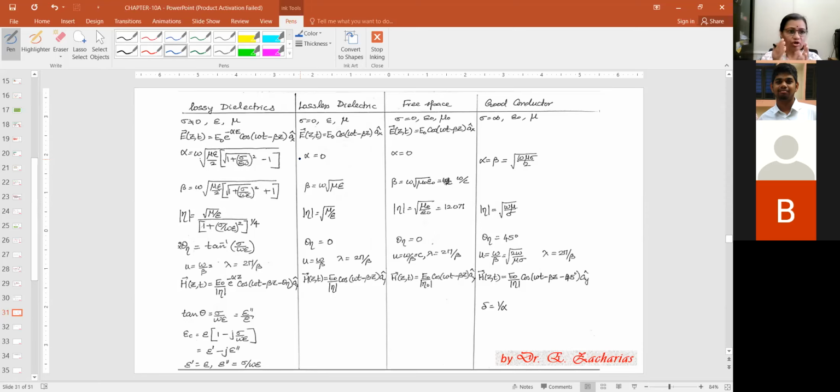If it's difficult for you to remember, you have to remember things like delta is proportional to 1 by under root of f, or that it depends on mu, sigma, and f. If you remember a few things like this, those equations will be easy for you to follow. But please, tomorrow's test is going to be understanding plus a lot of memory. It's not numericals, it is only this part.